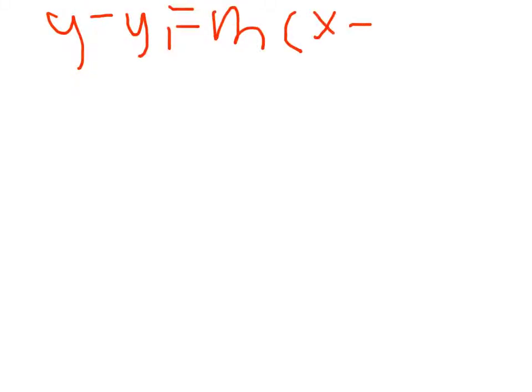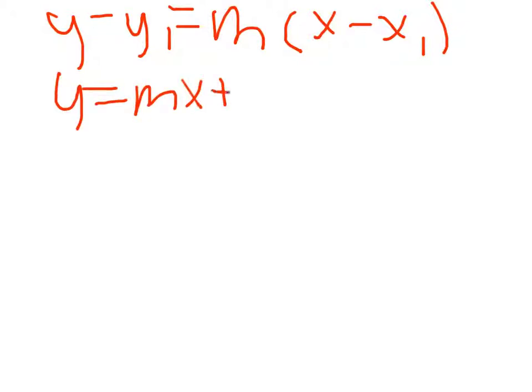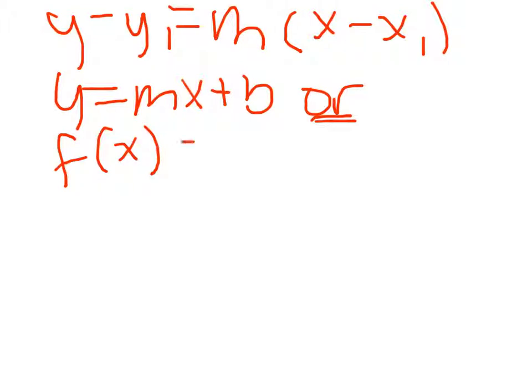Now, lines that we've learned. So for point-slope, you have y minus y sub 1 equals m times x minus x sub 1. And then your slope-intercept form is y equals mx plus b. Or you can also have f of x, which is y, equals mx plus b.